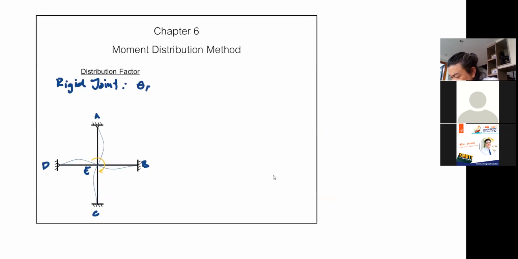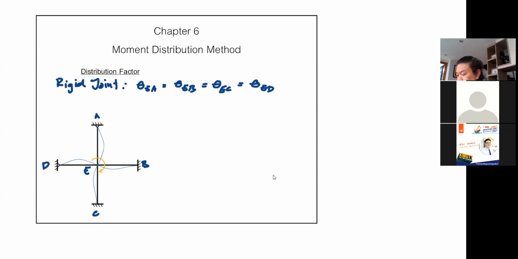Zeta EA must be equal to zeta EB, zeta EC, and zeta ED, because they all rotate at the same angle, right?